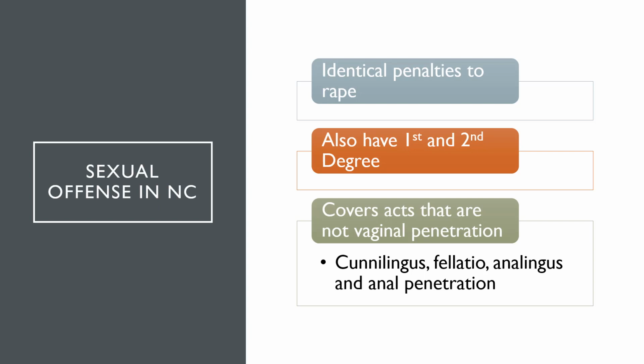So again, anything other than vaginal penetration by a penis, we have first and second degree sexual offense in North Carolina. The penalties are identical to first degree rape and second degree rape, but it covers acts like cunnilingus, fellatio, analingus, and anal penetration.